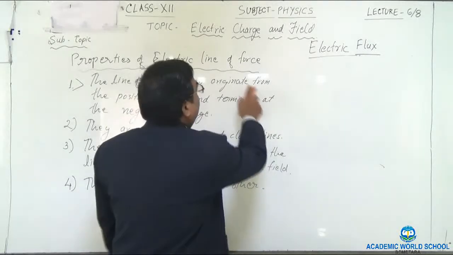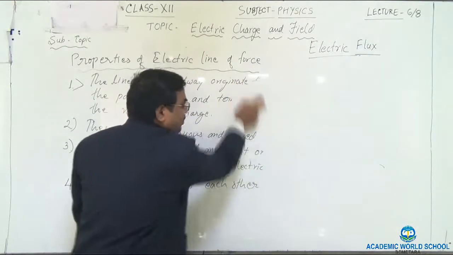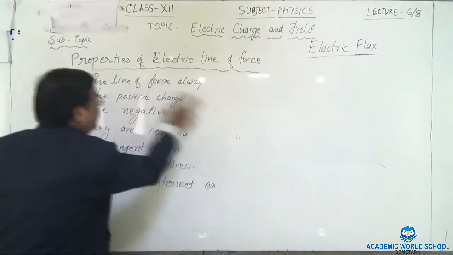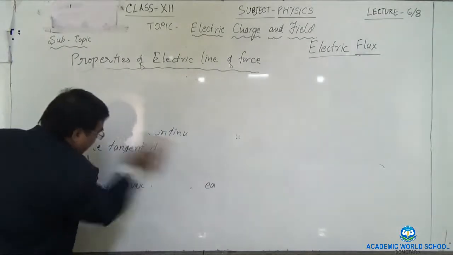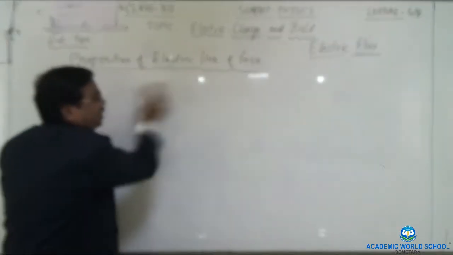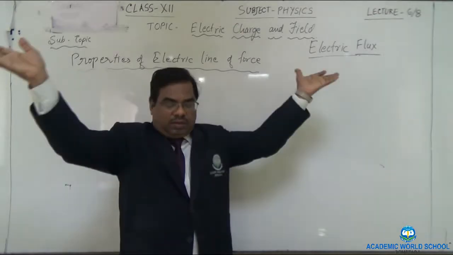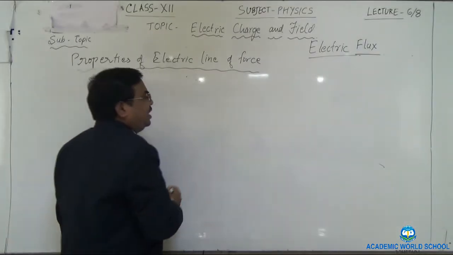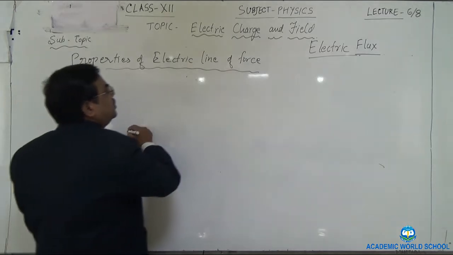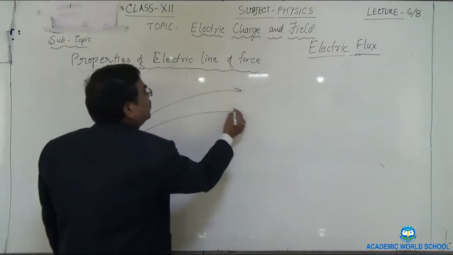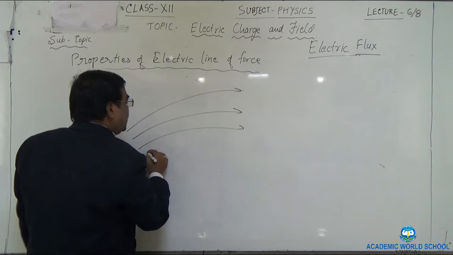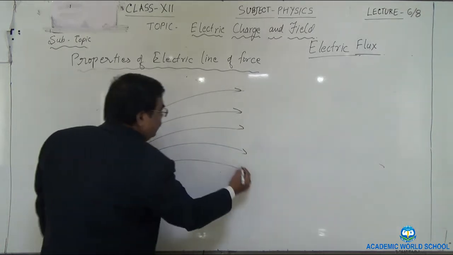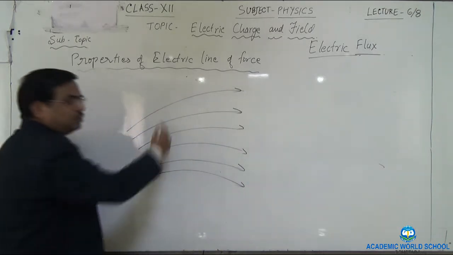As I told you, there is electric field line. So every charge will be giving out its electric field line. Let us say there is some charge here, due to which this kind of electric field lines are here.